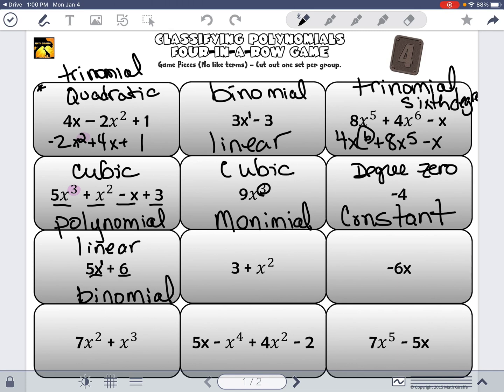The next one also has 2 terms. I'm going to put it in standard form. The highest degree is a 2, so that one is quadratic. The next one is 1 term. The highest degree is 1, so it is a linear monomial.